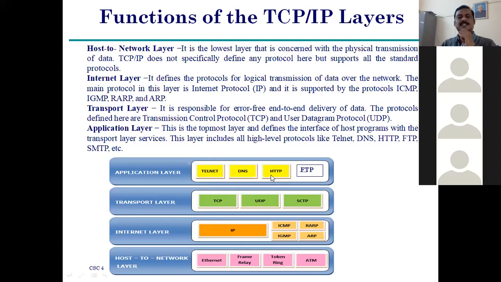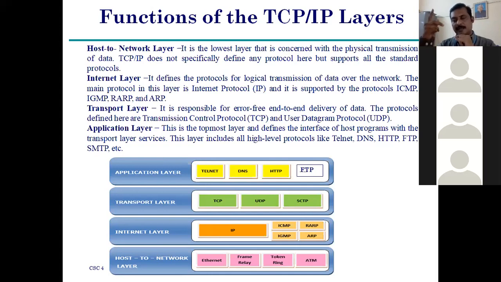Next, HTTP, hypertext transfer protocol. This is the language used in the design of web documents, right? For client-server processes or web designing purposes, the hypertext transfer protocol is very useful.